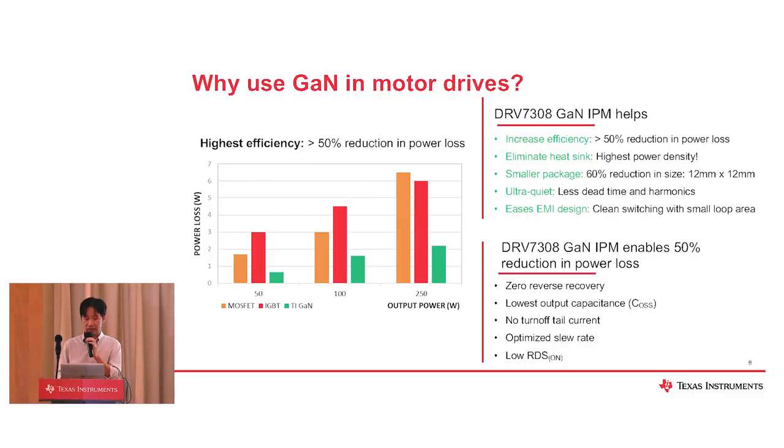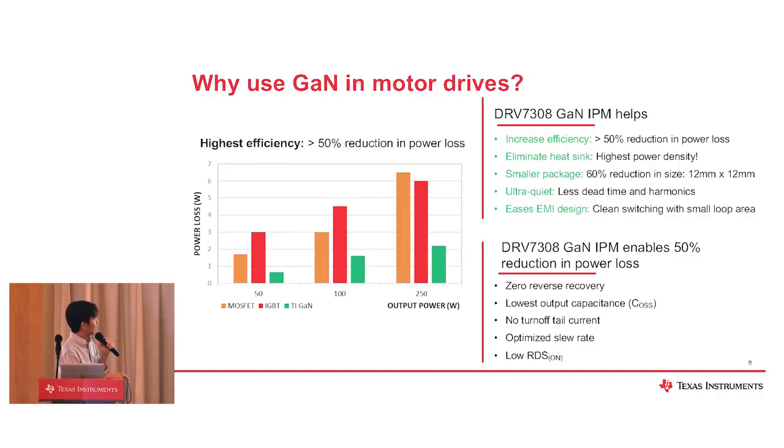Okay, so this slide shows you the reason why you can consider GaN in motor drive. Compared to other conventional power switches like MOSFET and IGBT, at a maximum output power at 250 volts here, and the comparison here is also for 150 volts, you can see the power loss of the MOSFET switch, this is the IGBT, and this is the GaN.